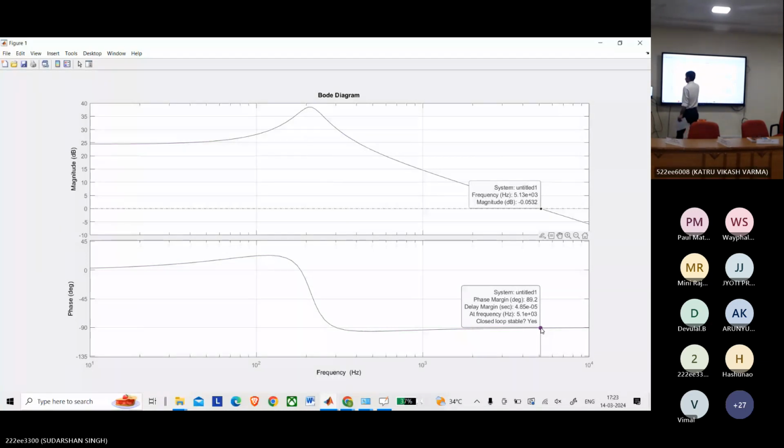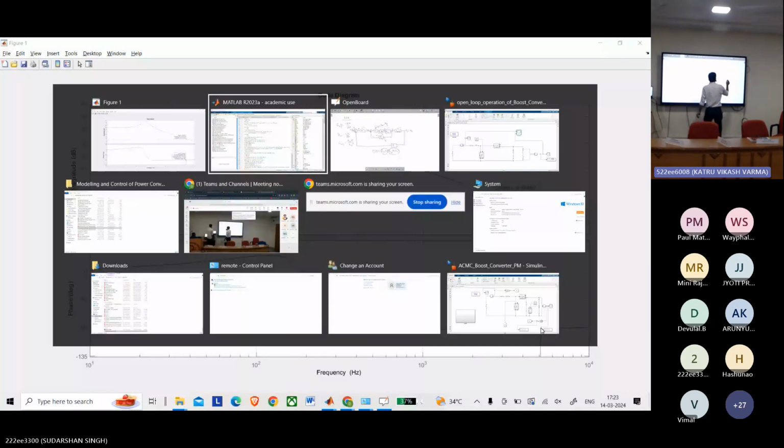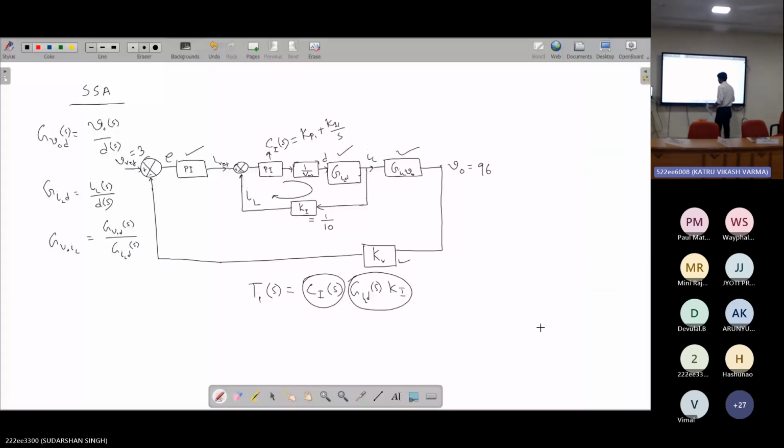Now we want to design the inner loop PI controller. Another point is that there are various techniques you can use to design the PI controller, because it is only a tuning method. Different tuning methods are available to find this KP1 and KI1 for the inner loop.